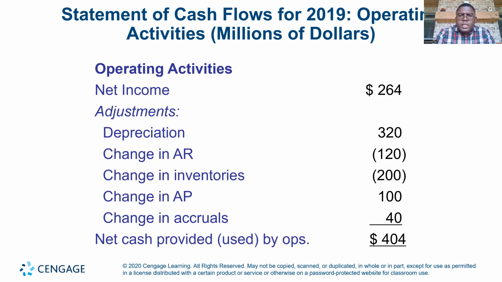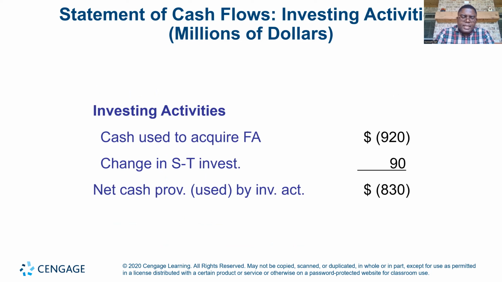All right, so still on the statement of cash flow, again, the first part is operating activities. The second part is going to be investing activities. What cash flow is being generated or used by investing activity? So we have cash flow to acquire fixed assets.